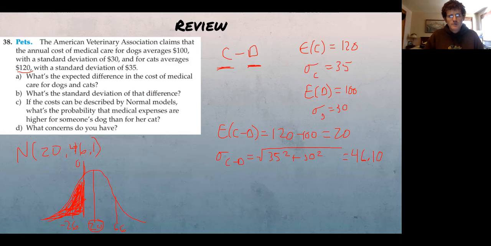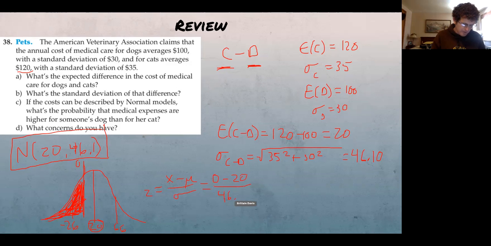So at this point, we want to figure out what is the area under the curve for our new normal model that we just created. So if you're following along with the logic so far, the last part isn't that big of a step. So let's see. 0 is our cutoff. We need to figure out the z-score for that particular spot. So remember, it's x minus mu divided by the standard deviation. So my x value of interest is 0 minus the mean is 20 divided by the standard deviation is 46.1.